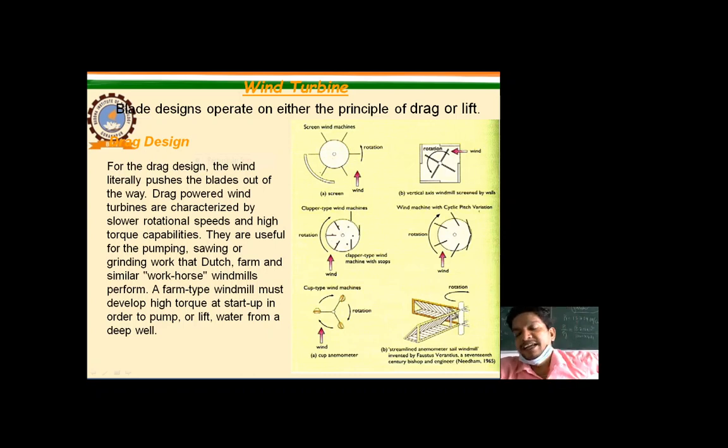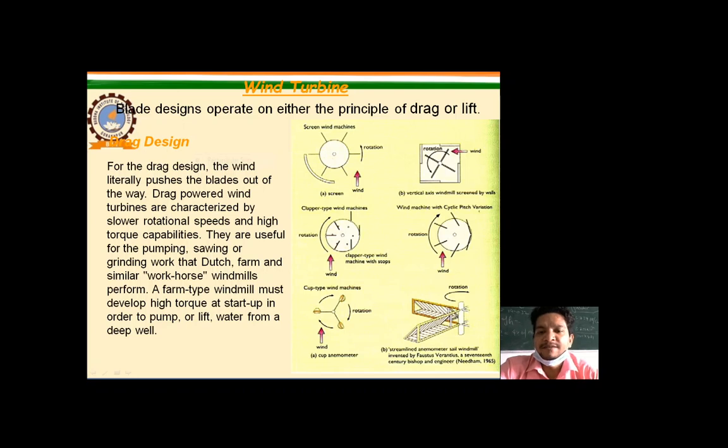Basically, this type of drag powered turbine would be useful where pumping, sawing as well as grinding work are required. ओके, इट मीन्स अगर पंपिंग, साइंग और ग्राइंडिंग वर्क की ज़रूरत हो तो वहाँ पे ड्रैग पावर्ड मशीन यूज हो सकता है। And basically if these requirements are needed, then Dutch form and similar workhouse windmills perform. These devices are used for power generation, and those workstations are known as Dutch form as well as similar workhouse windmills.